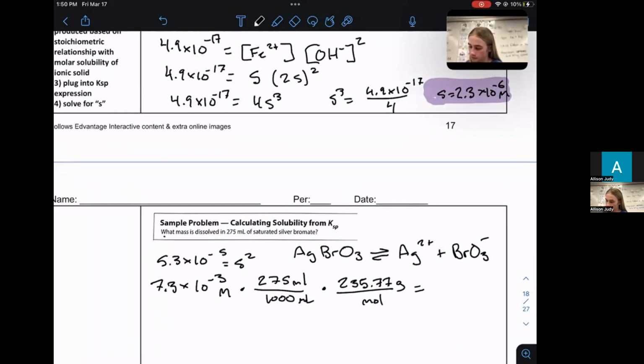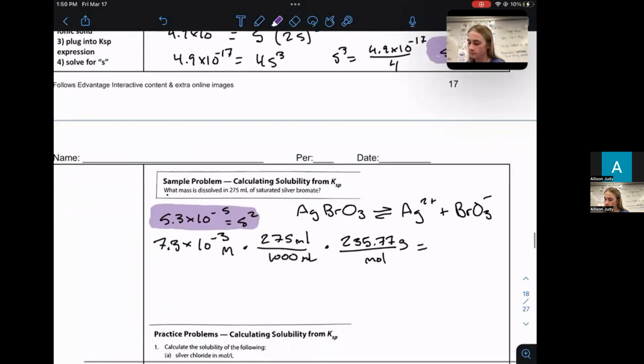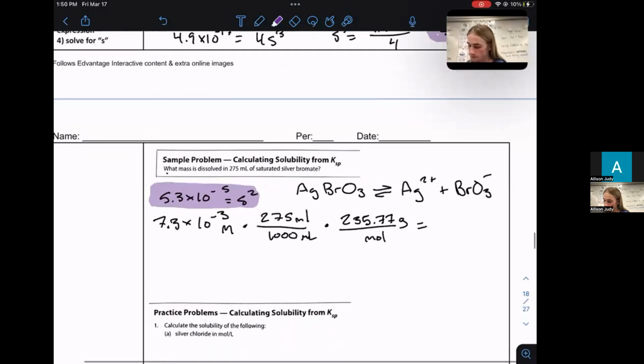It was a simple calculation this time because all we had to do was set KSP equal to the molar solubility squared, since it's an AB salt, and then use that solubility value to calculate the number of grams that would dissolve in 275 milliliters.